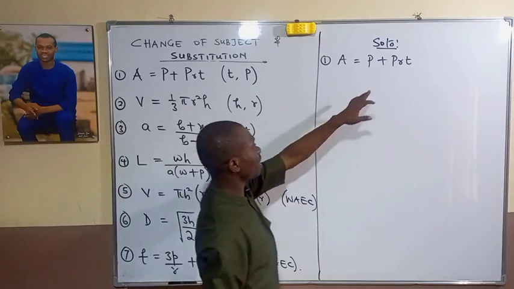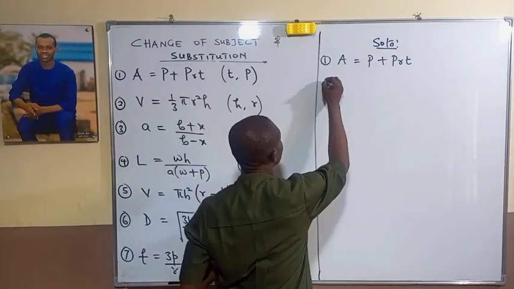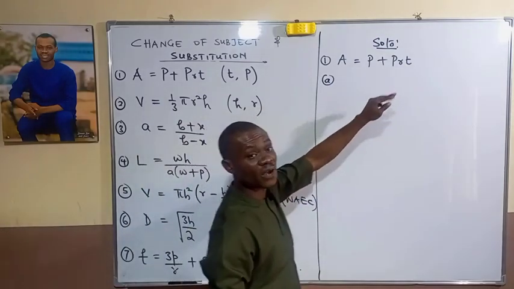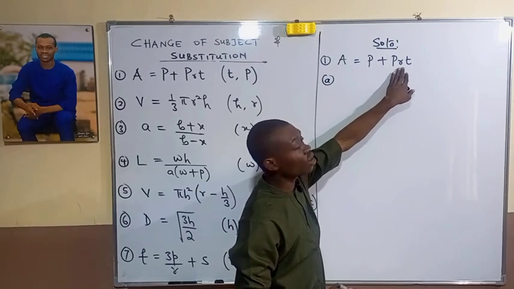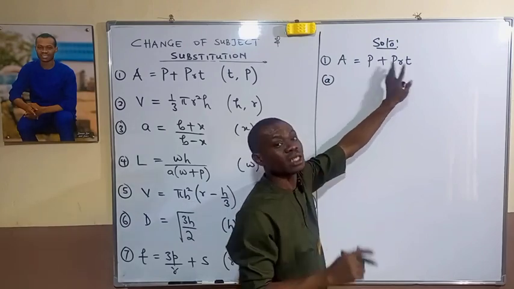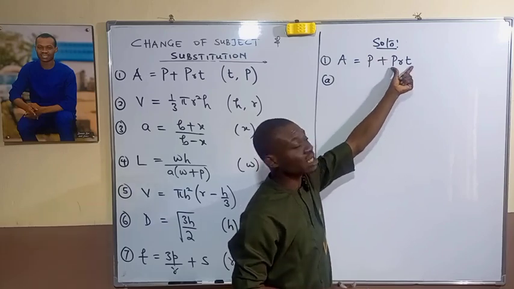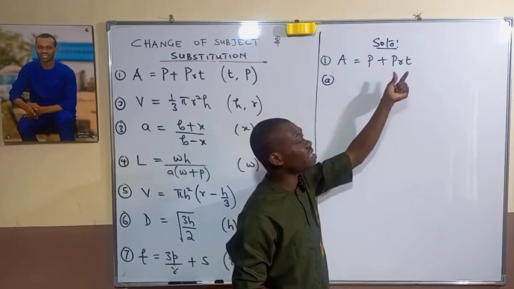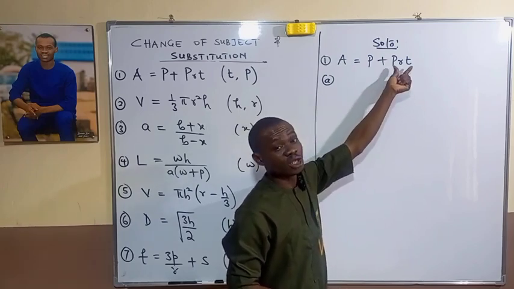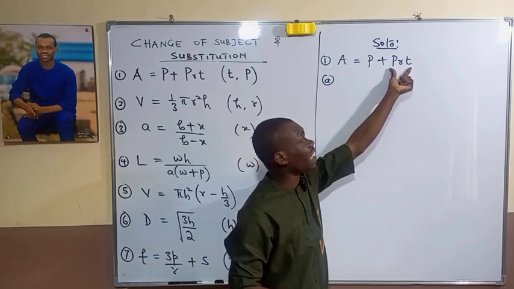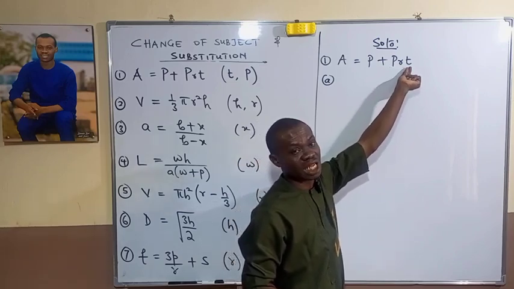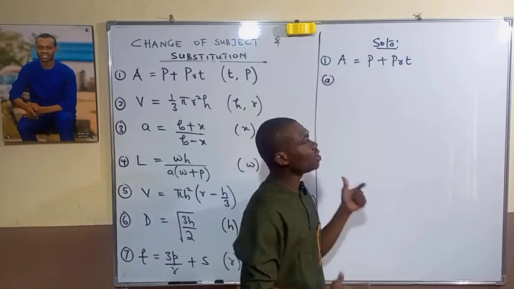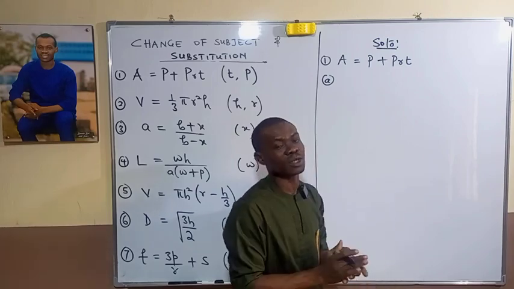For an example like this, I will start with T. To make T the subject is very simple. Your T is just 1 in the equation, and it's standing with some things. When the variable you want to make the subject is 1 in an equation, all you need to do is make sure that everything standing with that particular variable will be alone first, then look for a way to remove those ones standing with it.